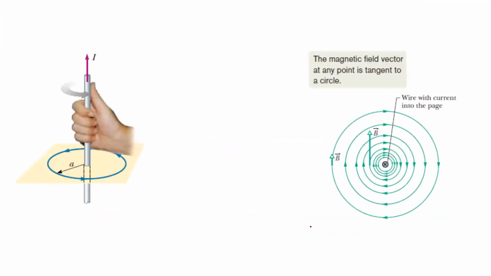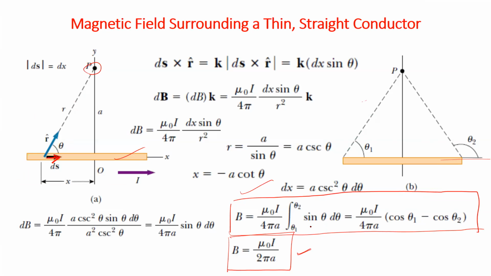So in this equation we got the magnitude of the magnetic field at a perpendicular distance from a straight current carrying conductor. I mean, we got the magnitude, but magnetic field is a vector quantity, so we need to find out what is the direction.